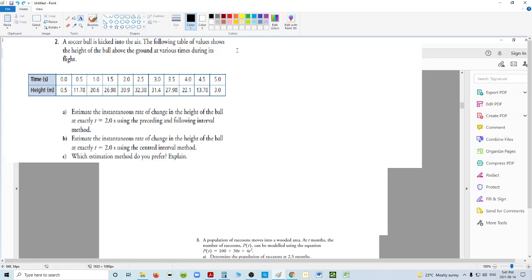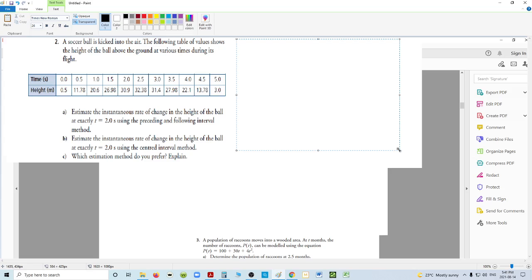So I'm going to take all of these. The biggest one I'm going to do at 2.5, y is 32.38. So I'm going to take 2.5 and 1. That's their delta y's. Oh, sorry, it's 30.9 we're interested in.